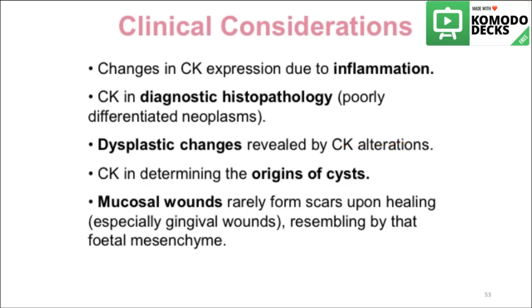Interestingly, the mucosal wounds are rarely scar forming, especially the gingival wounds. They don't form any scars. So as we said, they are derived from mesenchymal origin, and they have a very high or fast turnover rate.